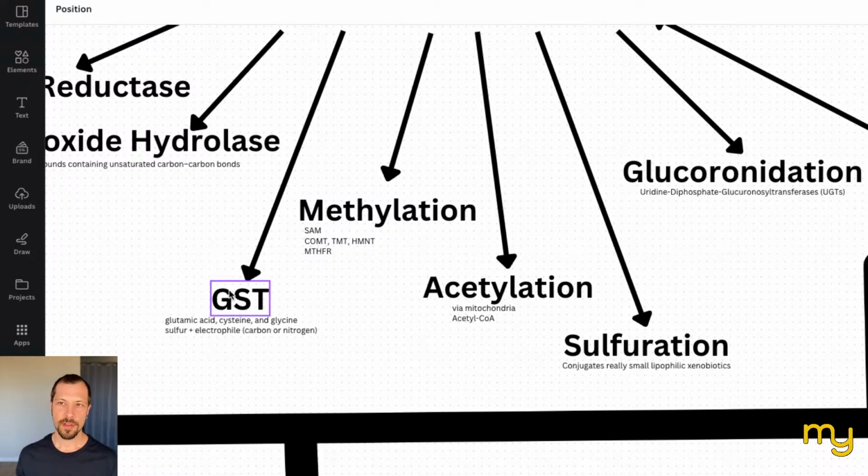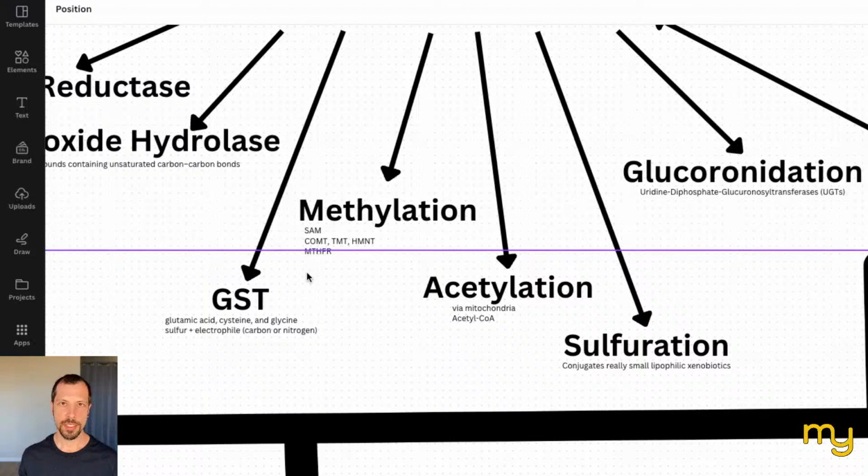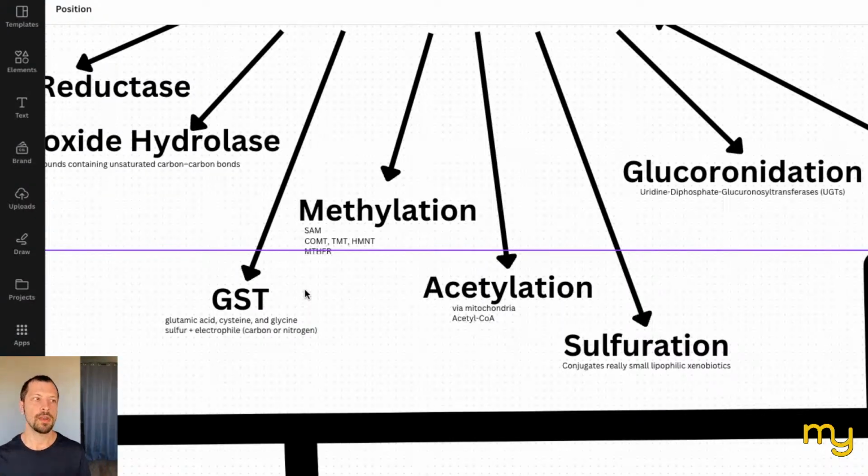And then we have Glutathione S-Transferase, which I believe most people have the biggest issues with, especially in our toxic world. This requires glutathione to eliminate and make things more water soluble. So when you have a depletion in glutathione, your ability to eliminate foreign substances becomes significantly hindered.